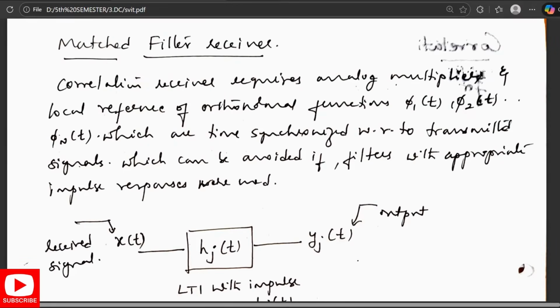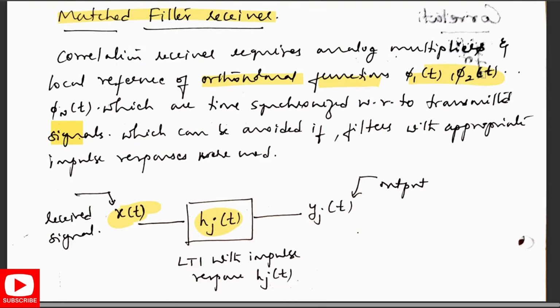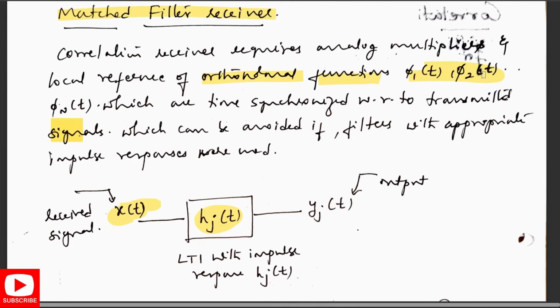Next we will move on to the matched filter receiver. The correlation receiver requires analog multipliers and local references of the orthonormal functions, that is phi 1 to phi N, which are time synchronized with respect to the transmitted signal. This can be avoided if filters with appropriate impulse response are used. Consider x of t, the received signal, and we send it to h_j of t, which is an LTI filter with impulse response h_j of t.